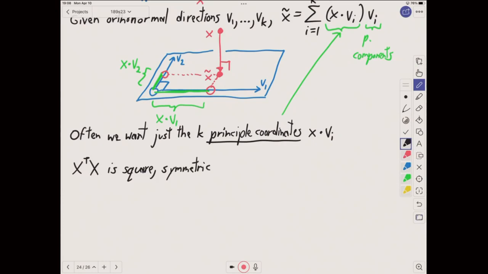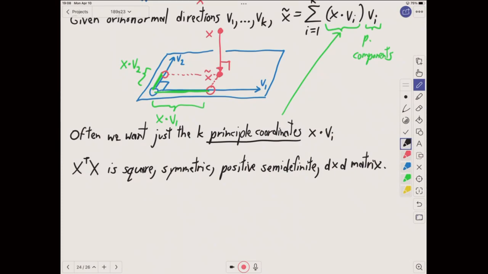And hopefully you all remember from homework 2 why it's positive semi-definite. And since X is an n by d matrix, X transpose X is a d by d matrix. And as it's a symmetric matrix, its eigenvalues are all real valued.